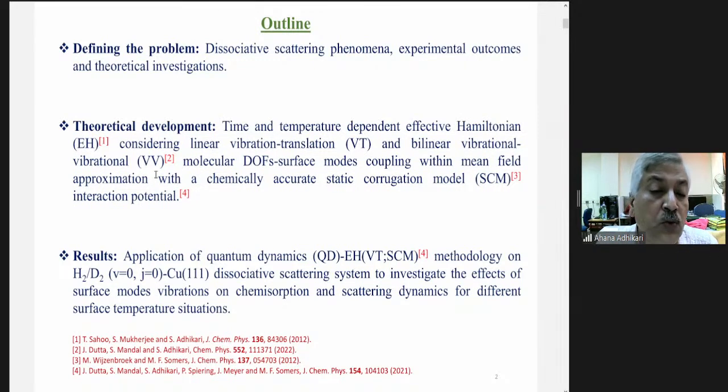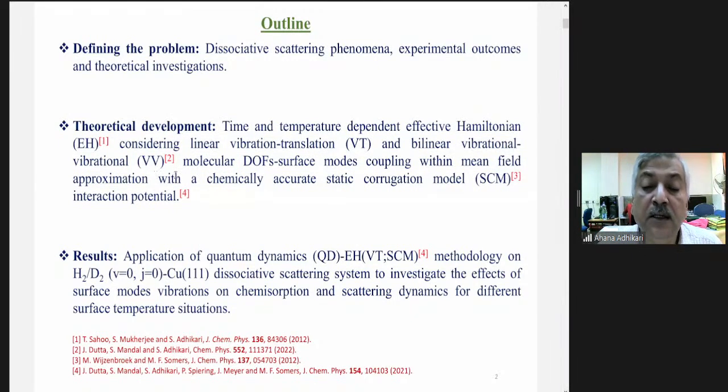So you need to handle such a huge set of coupled differential equations to get the time-dependent wave function of the overall molecule-surface scattering wave function, and from that you will do the analysis to find out the outgoing molecule staying either in a different vibrational state or with different kinetic energy.